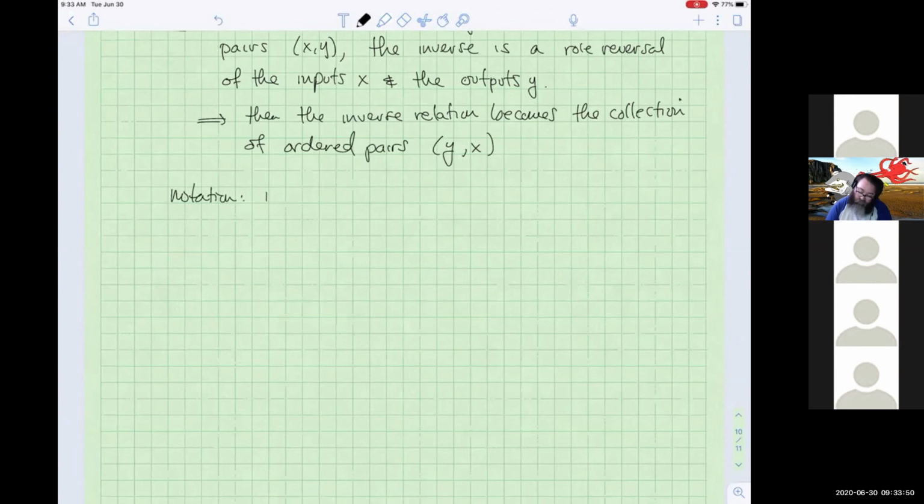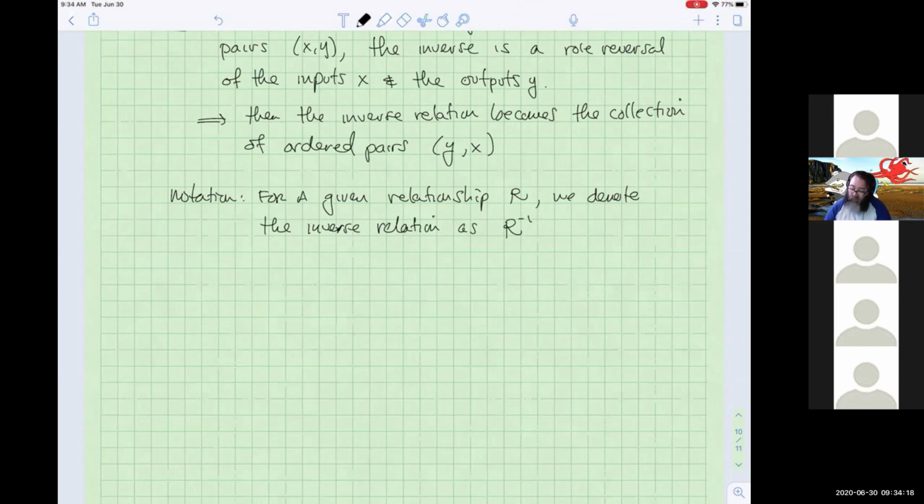For a given relation R, we denote the inverse relation as R with a little -1 up there. This is read R inverse. It doesn't mean the reciprocal, it means the inverse relation.